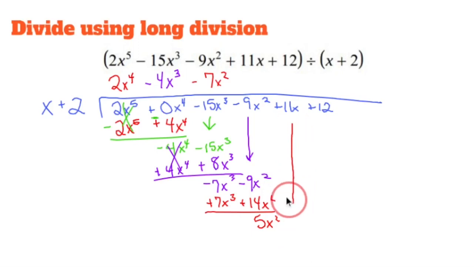Drop down the 11x. x times what is 5x squared? x times 5x is 5x squared. Take that 5x, multiply it to the entire factor, and write it underneath. 5x times x is 5x squared. 5x times 2 is 10x.